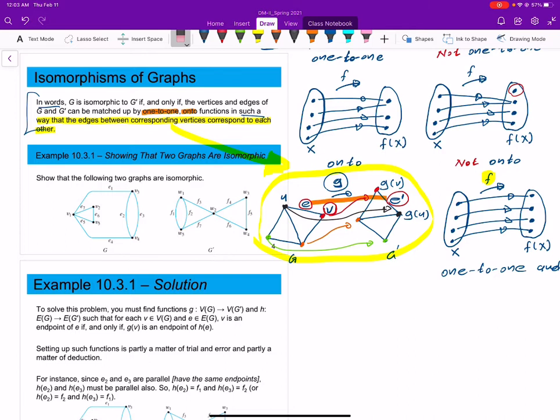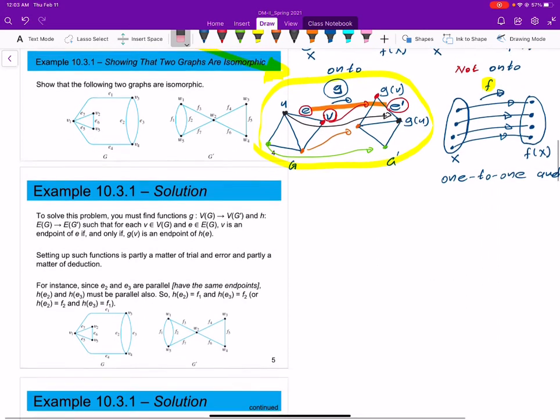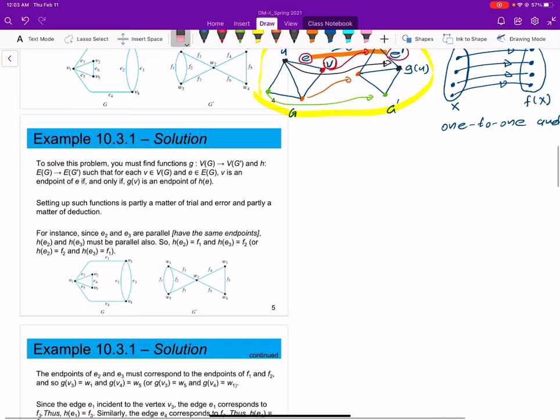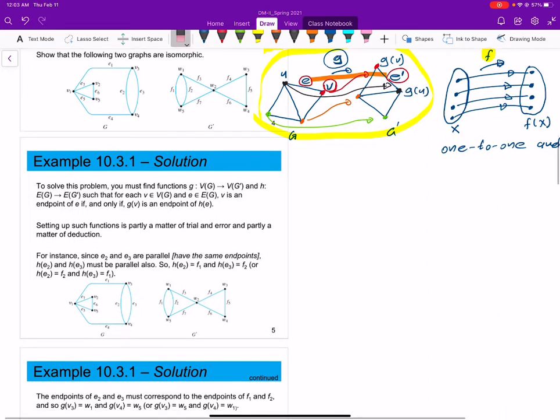Now I have to show that they are isomorphic mathematically. So I have just typed the solution. Now I'm going step by step explaining this. To solve this problem, you must find a function g that goes from Vg to Vg prime.